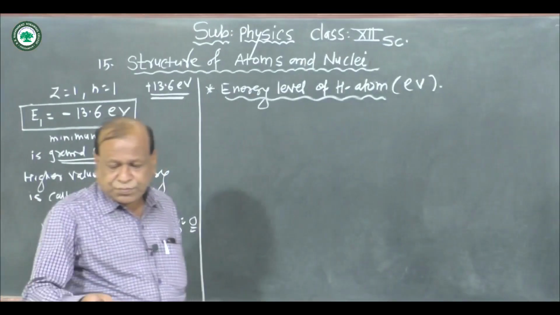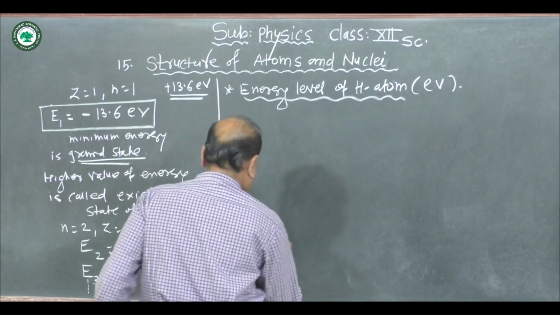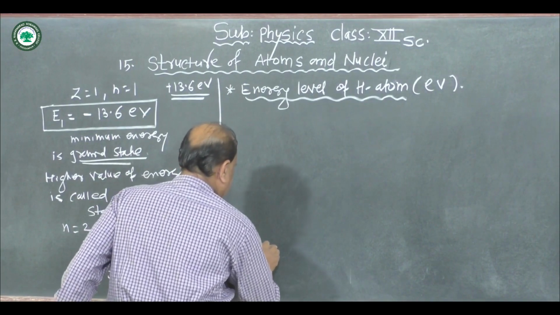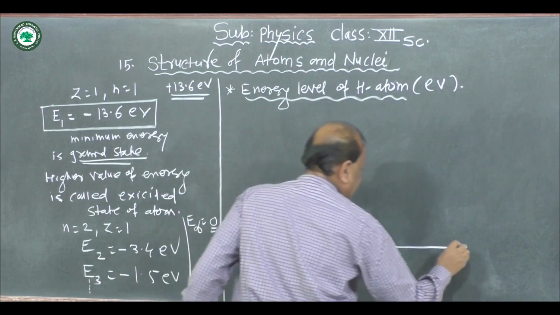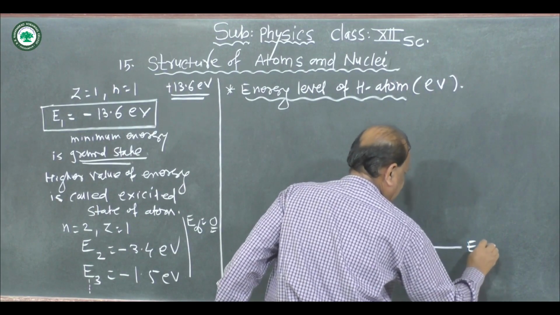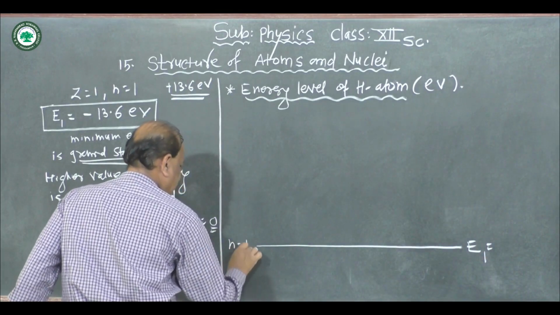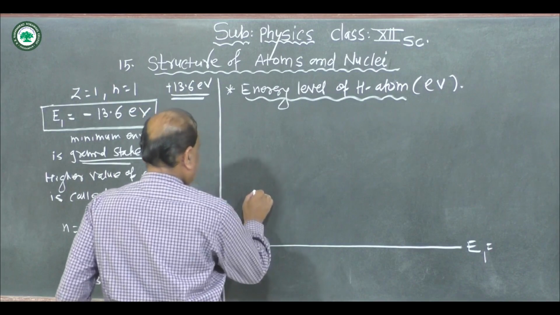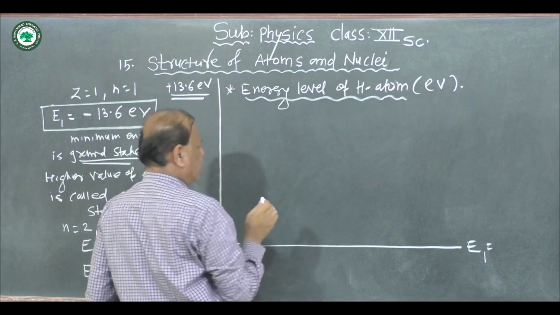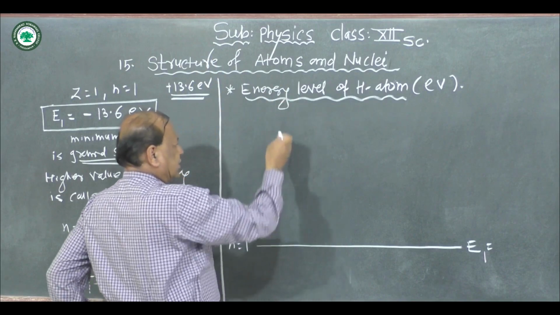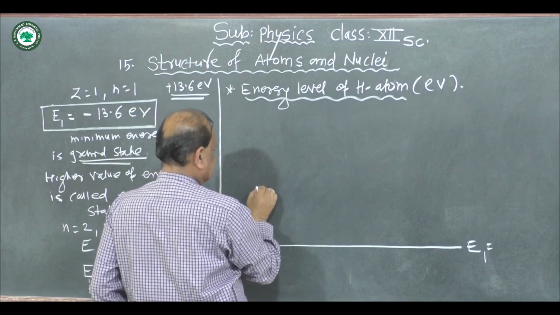Now we draw this energy level diagram here. This one is E1 and this is n equal to 1. Then when we go in the upward direction, the energy of the orbit decreases.